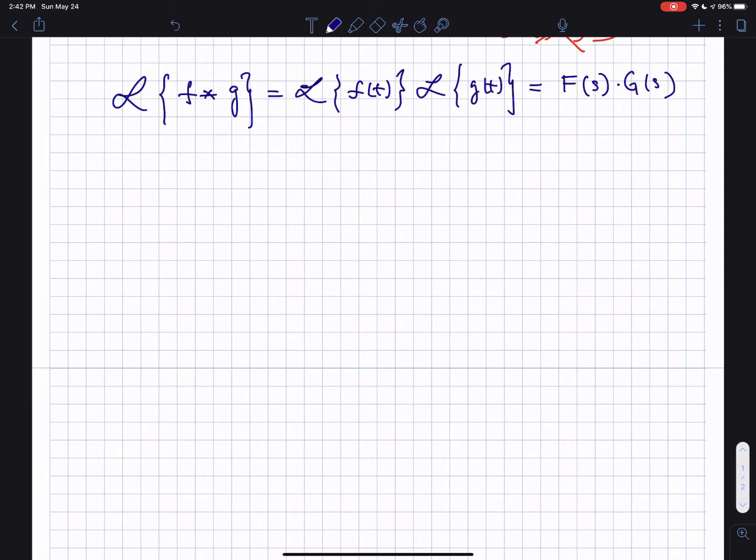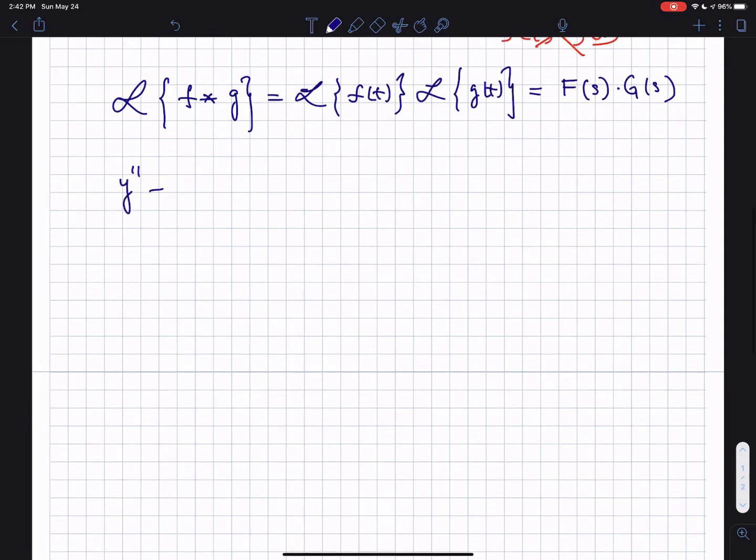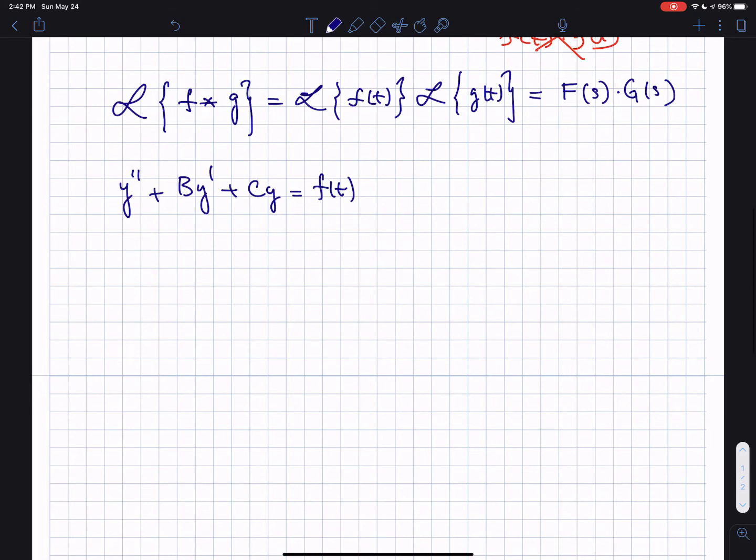So let's say my differential equation is y double prime plus b y prime plus c y equals f of t, and f of t is my forcing function. If I take the Laplace transform and assume all initial conditions are zero, I get s squared plus bs plus c times Y of s equals F of s.